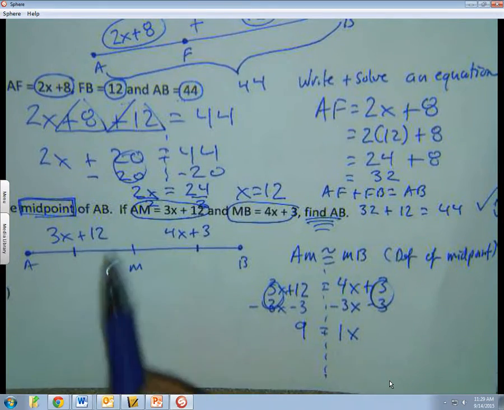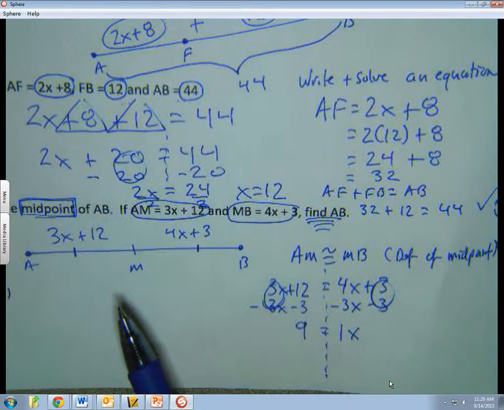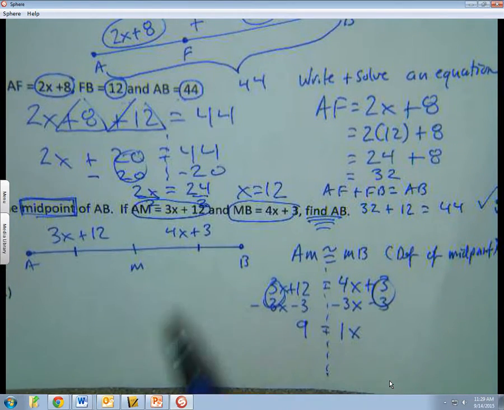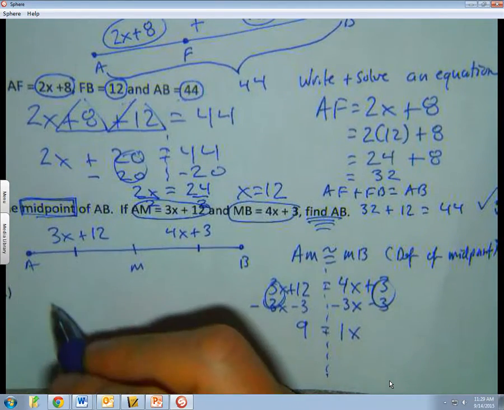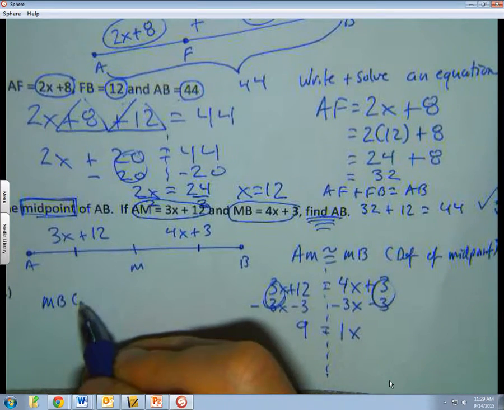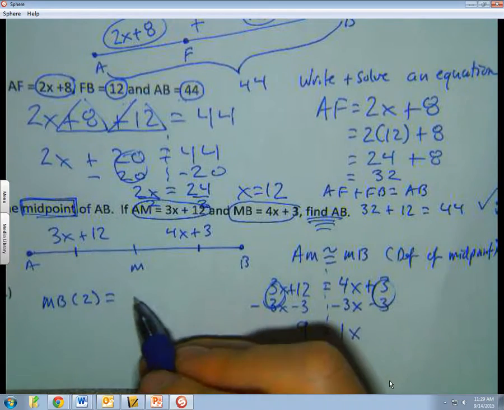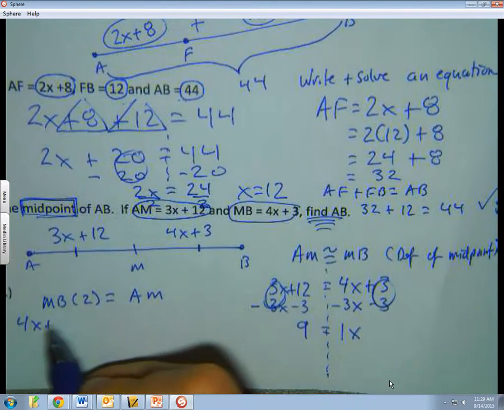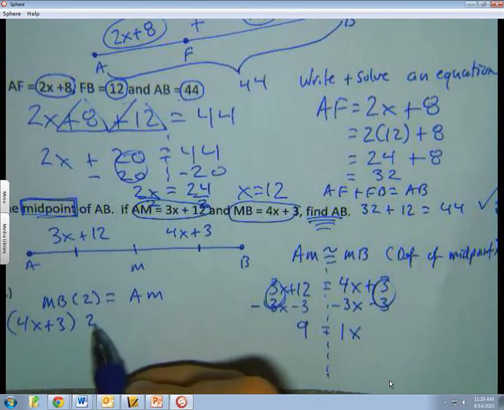So I'm going to use this one just because the numbers are a little bit smaller. But MB times 2 is going to equal AM. Excuse me, not AM, it's AB, it's the whole thing.